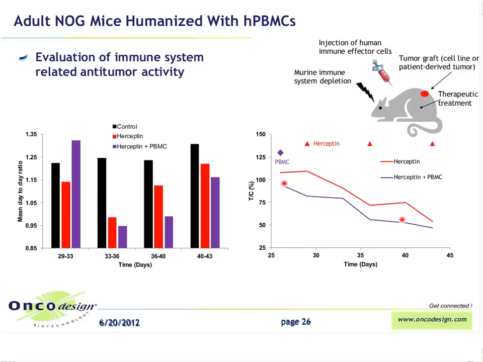And you clearly see here that the Herceptin in presence of PBMCs is slightly better as compared to the Herceptin alone.